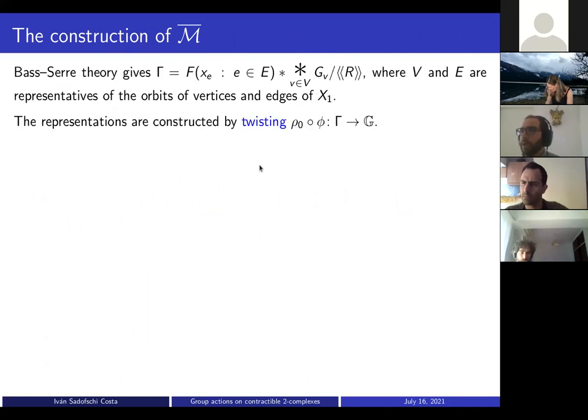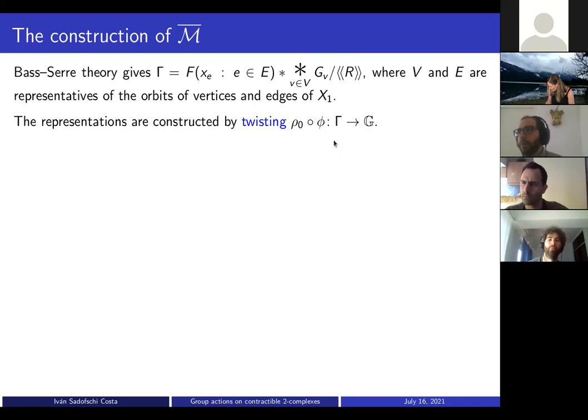And then all of these representations are constructed by twisting phi composed with rho 0. So this map phi is simply the coproduct of these inclusions here and certain maps which send these generators to elements in G. So we understand this map. It's obtained by passing to the quotient to that map.